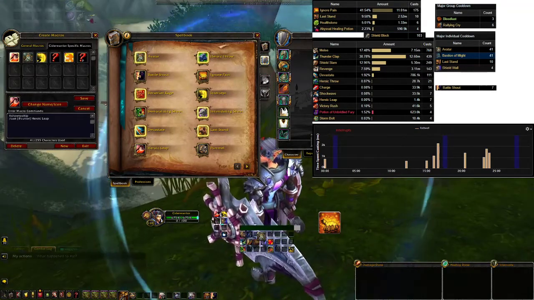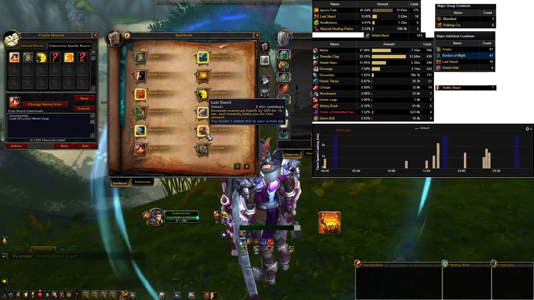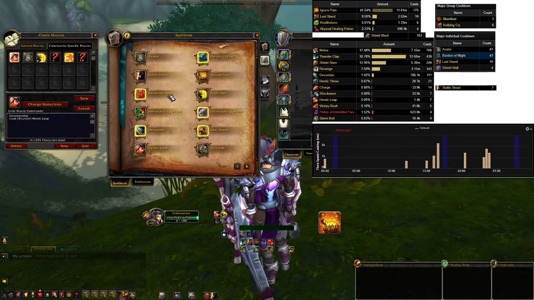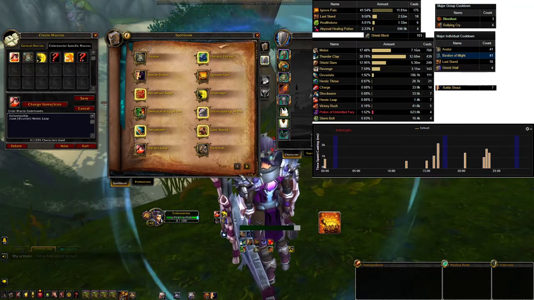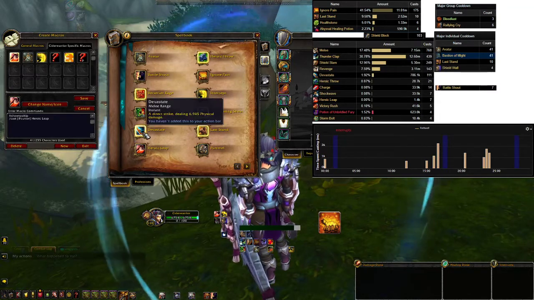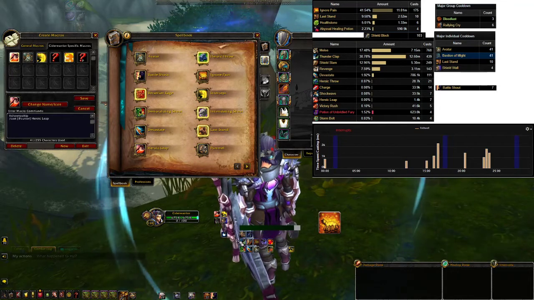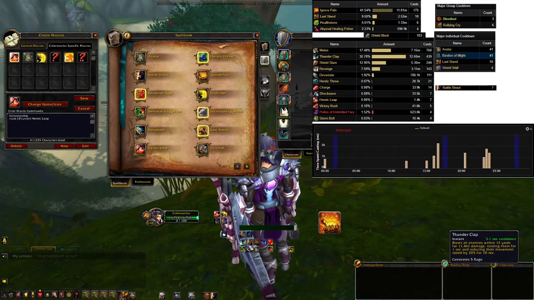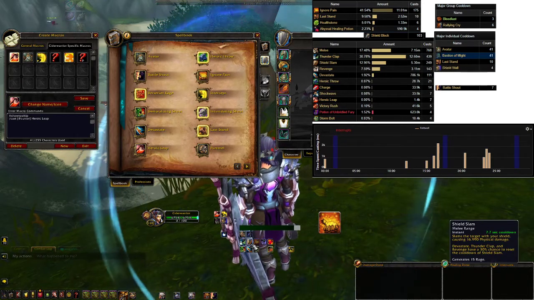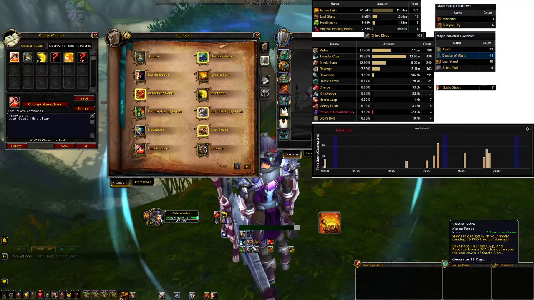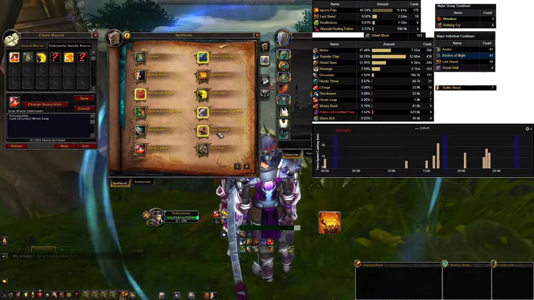Actually, we could put it here because it also triggers Ignore Pain. Devastate, because it's an offensive ability that can also proc. Devastate can proc a charge of Shield Slam. So you can put it there.